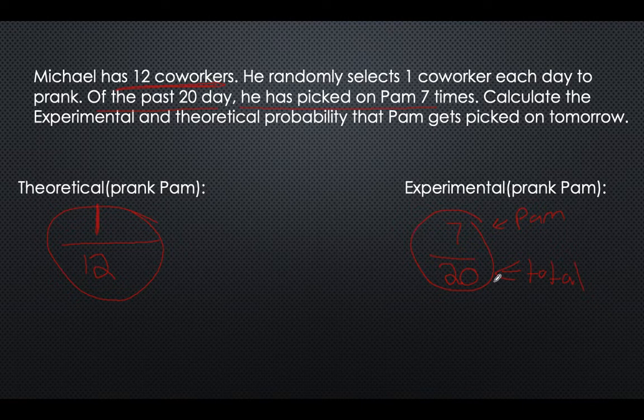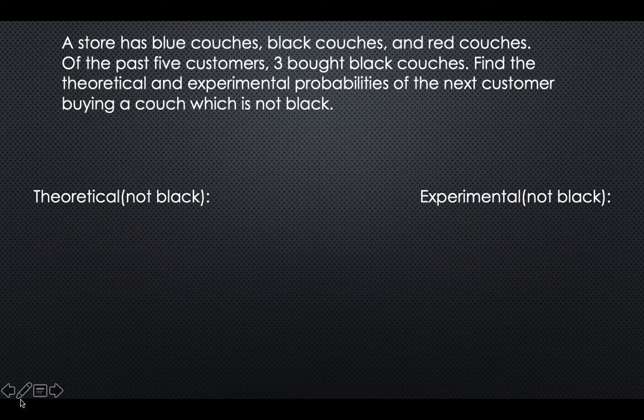Okay. One final example. A store has blue couches, black couches, and red couches. Of the past 5 customers, 3 bought black couches. Find the theoretical and experimental probability of the next customer buying a couch which is not black. So theoretical, not black.